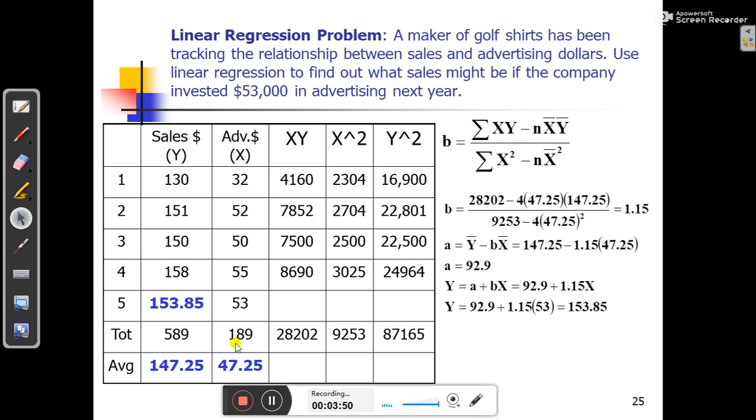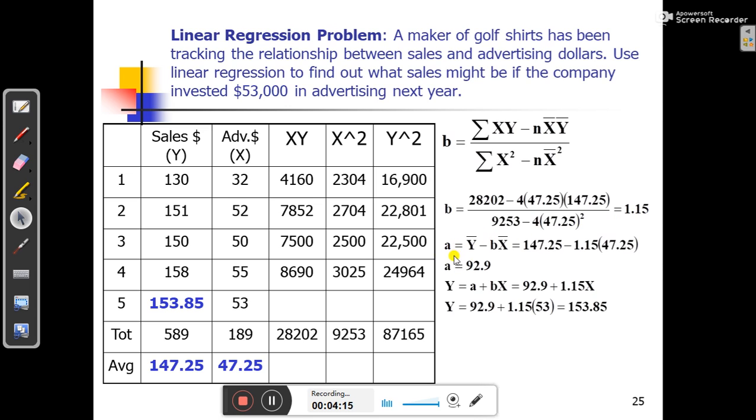You square all of these values, and that comes to 9253, and this is n times the mean square, 47.25 whole square, with n being 4. So we can find b equal to 1.15.